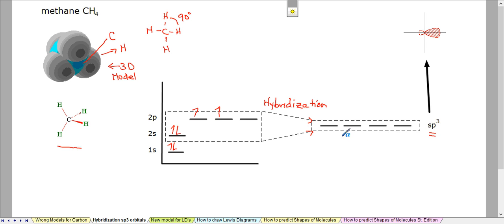And in sp3 orbitals, there are 4 of them. And that allows 4 electrons to hop into these orbitals. And this means that because we have 4 electrons, we can have 4 bonds. Which allows carbon to minimize the energy of the 4 valence electrons and to maximize the distance that they're away from each other.